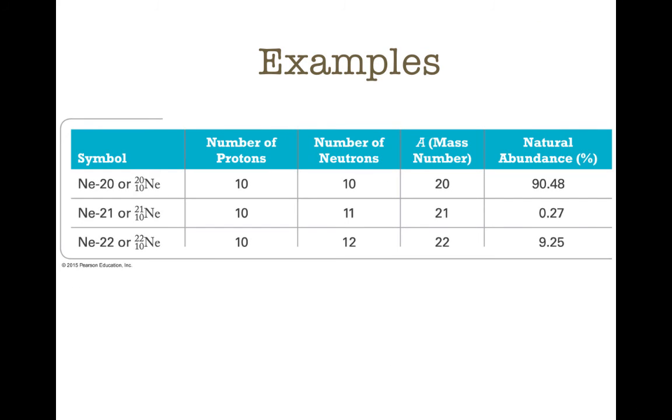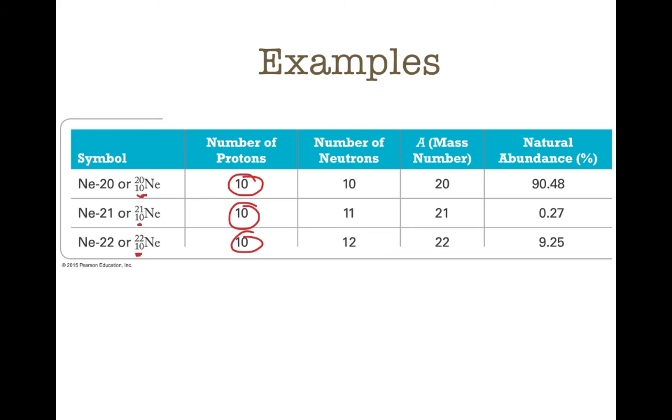So here are just some examples, different ways of writing our isotopes and some of their properties. These are three different isotopes of neon, and we see that they're all neon, they're all Ne. We notice that they all have the exact same number of protons, the atomic number 10 there. And that's the same as the 10s that we see right here. The number of neutrons is different.